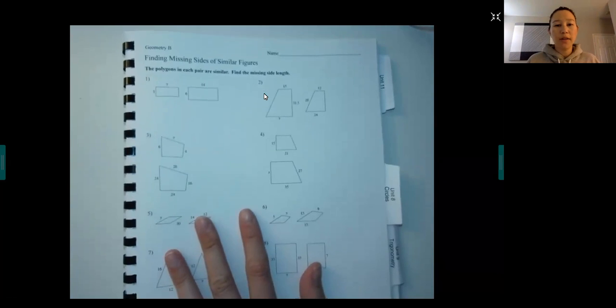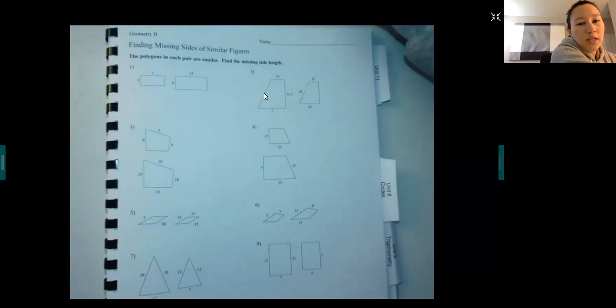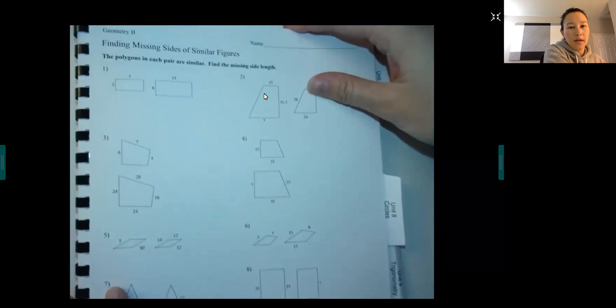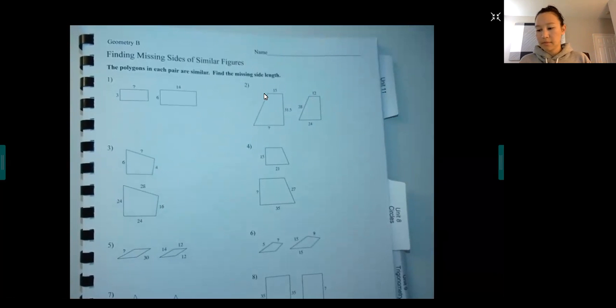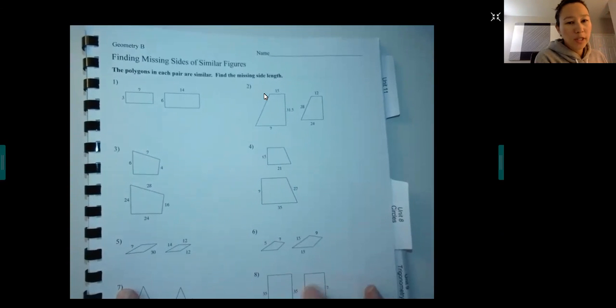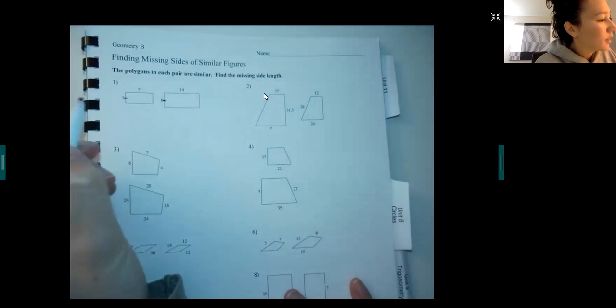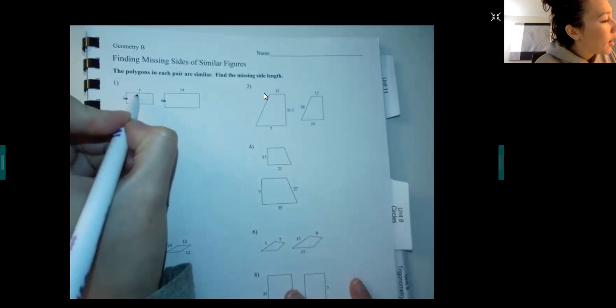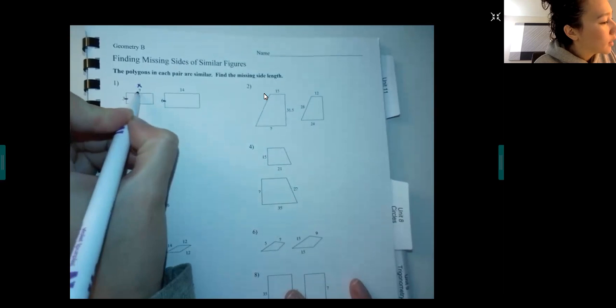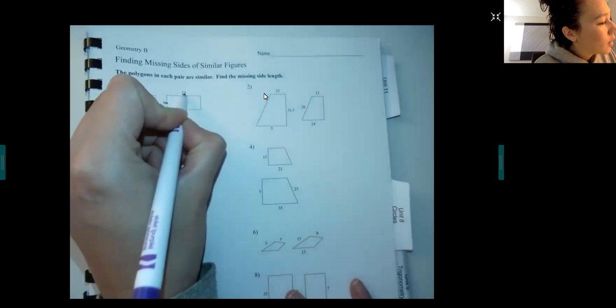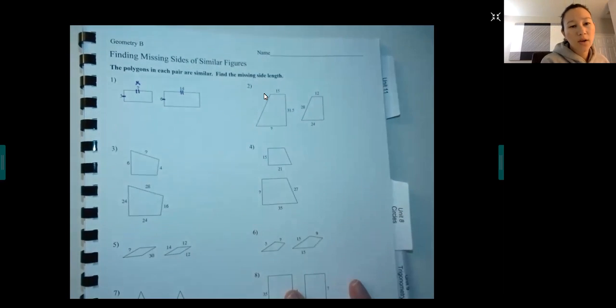And then we're just going to follow the steps in the notes that we just took. Okay, so first we want to mark the corresponding sides. So 3 corresponds to 6 on the big rectangle, and then our unknown, which we'll label X, corresponds to the longer side on our larger rectangle, which is 14.